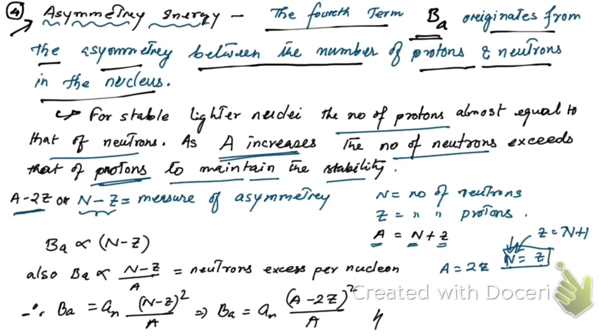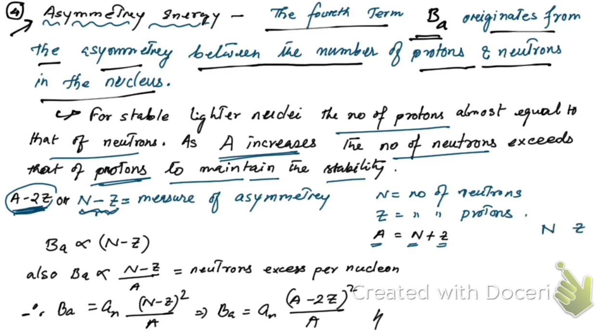If N is 1 more than Z, then instead of N we can write Z plus 1, and Z plus Z is twice Z. Let me explain properly why N minus Z is equal to A minus twice Z. Let me take an example. In a nucleus, suppose the number of neutrons exceeds Z by 1.